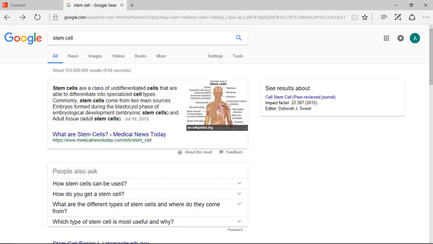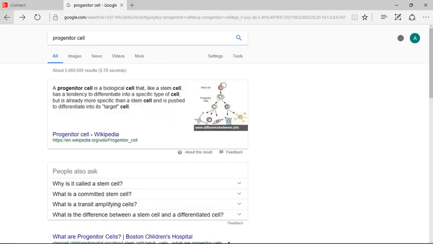Commonly, stem cells form from two main sources: embryos formed during the blastocyst phase of embryological development, embryonic stem cells, and adult tissue, adult stem cells. So, alright, stem cells are a class of just undifferentiated cells. A progenitor cell is a biological cell that is like a stem cell. Oh, okay. Alright.